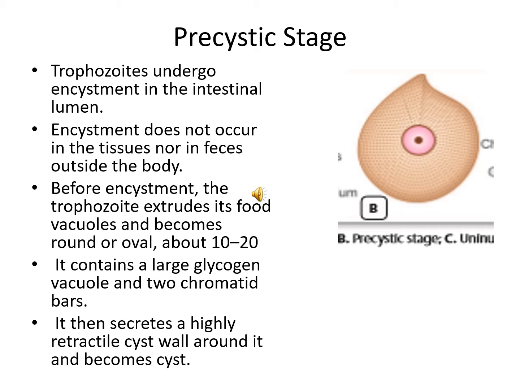This encystment stage occurs in the intestinal lumen, not in the tissues or outside the body. The precyst consists of a large glycogen vacuole and 2 chromatid bars. This precyst secretes a highly refractile cyst wall around it and forms a cyst.